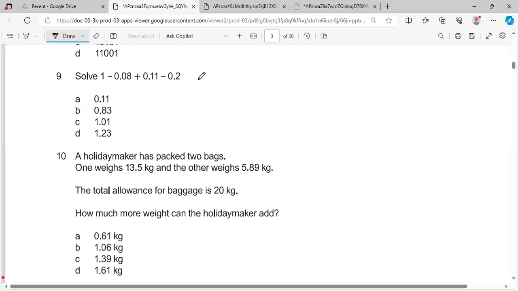Did it say minus 0.08? Or is it a dash to separate it? No, man, minus. The operation is minus. So it's 1 minus 0.08 plus 0.11 minus 0.2.